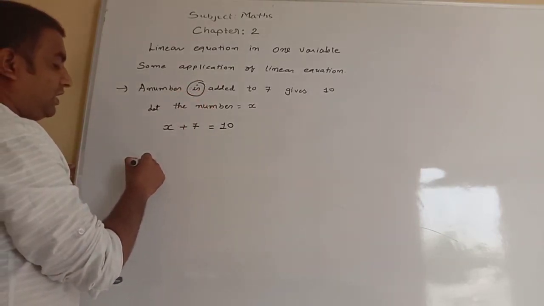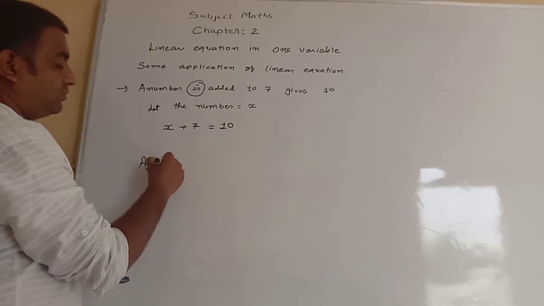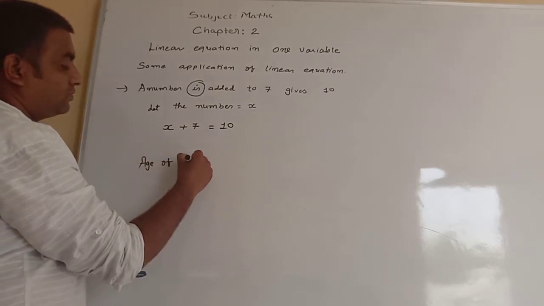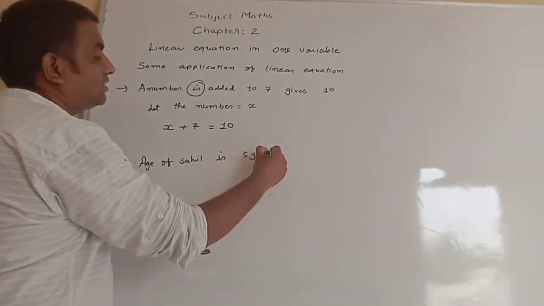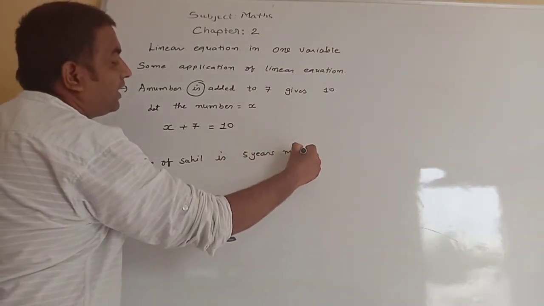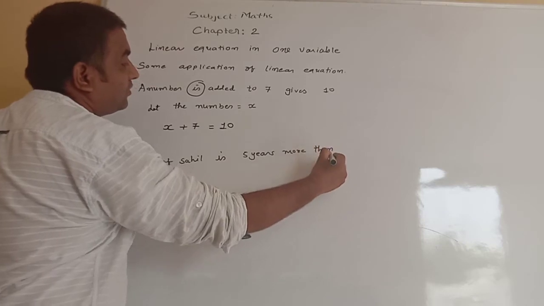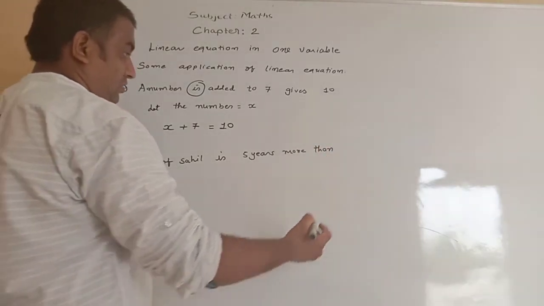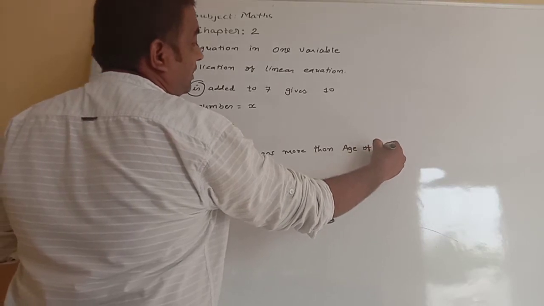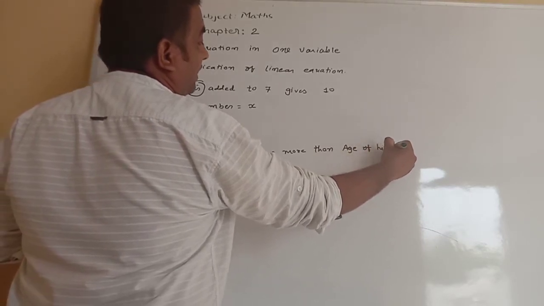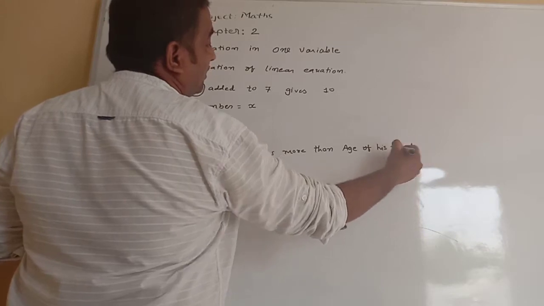Suppose the age of Sahil is 5 years more than the age of his friend Ramesh.